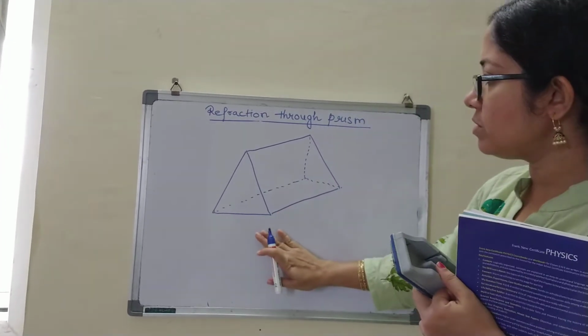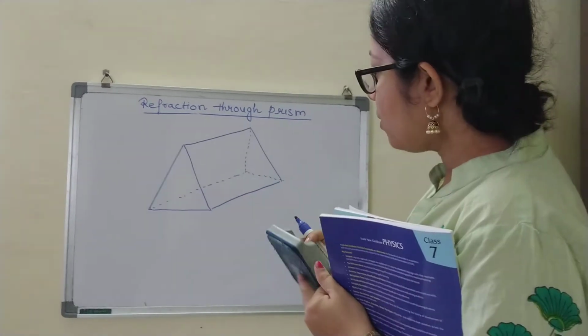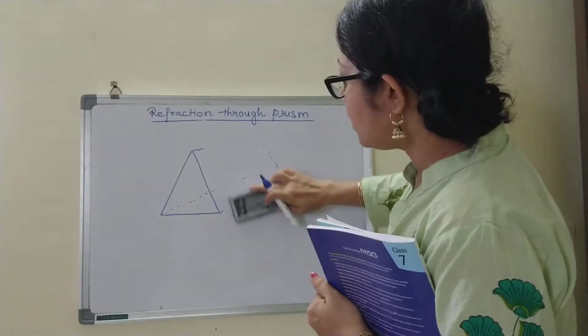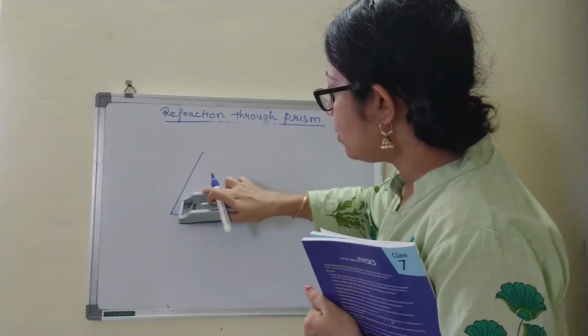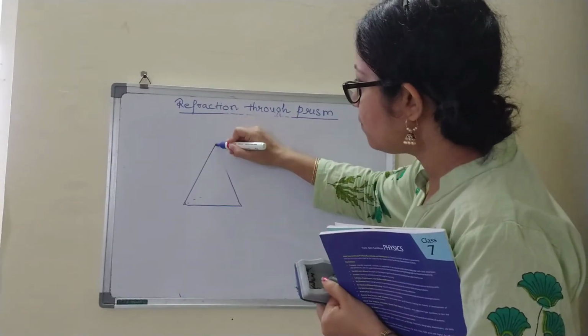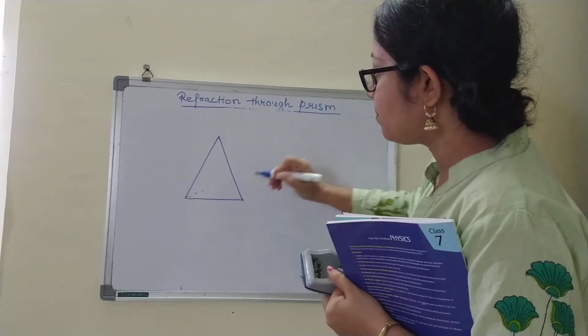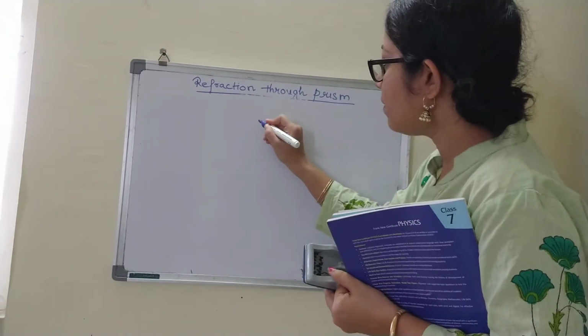So it looks somewhat like this. However, now we are not going to do the three-dimensional figure, we are just going to do the two-dimensional figure. So what happens to the path of light? I would rather draw a big one.